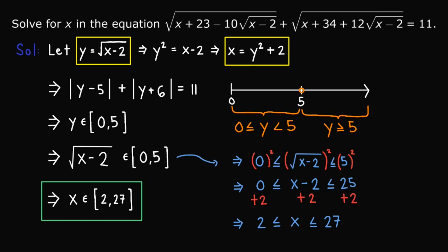So did you get that one correctly? I hope you did. The key again is to start by letting y be equal to the square root of x minus 2. Since from that, we can obtain and simplify this equation out here.